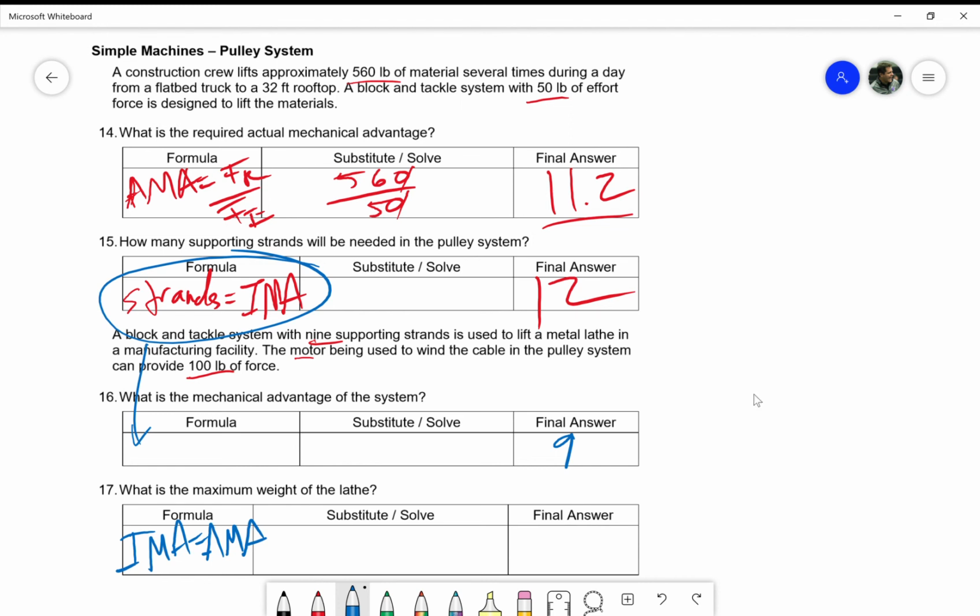But the AMA is going to be the DE over DR. So we have the IMA is equal to the DE over DR. So we're going to substitute in IMA is 9. The effort distance is going to be, oh, and I put the wrong numbers in. Sorry. AMA is FR over FE.